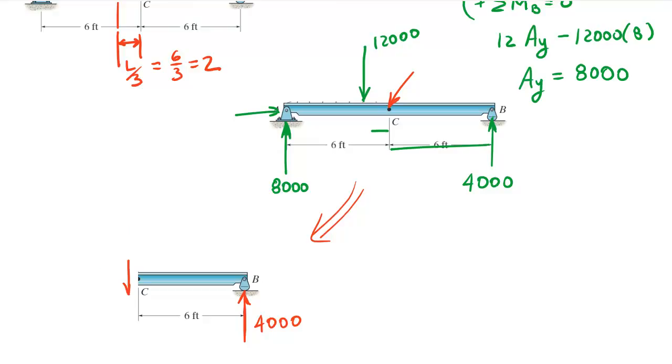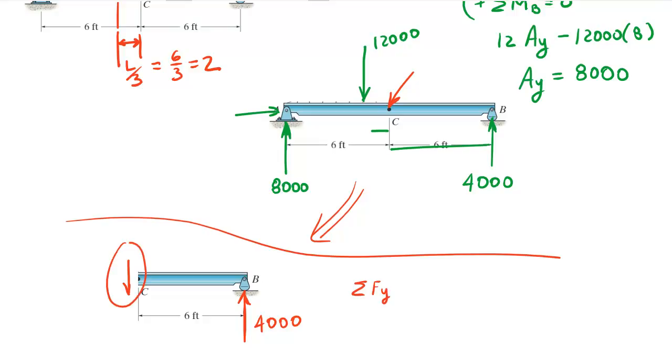Now if I didn't have a moment, let's see what would happen. I would sum the forces in the Y, which tells me that this one has to be 4,000 to offset that one. So in fact, the shear is equal to 4,000. Now, if I just had an object where I pushed it here and pushed it here, would that be in static equilibrium, even if I pushed it with 1 pound and 1 pound? No, because the thing would start spinning.